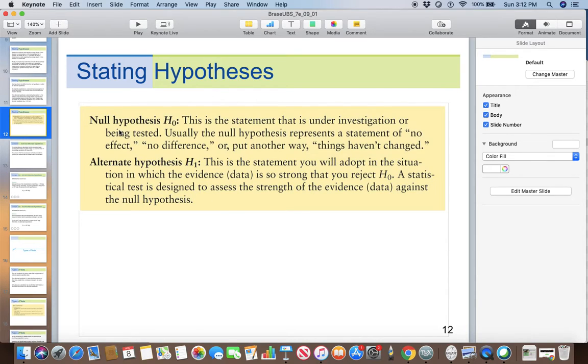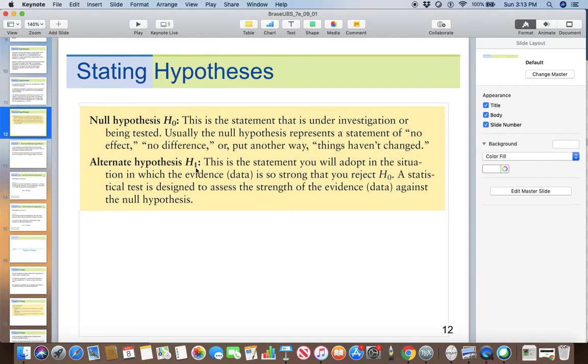So, what is the null hypothesis? H0 is the statement that is under investigation or being tested. Usually, the null hypothesis represents a statement of no effect or no difference, or put another way, things haven't changed.